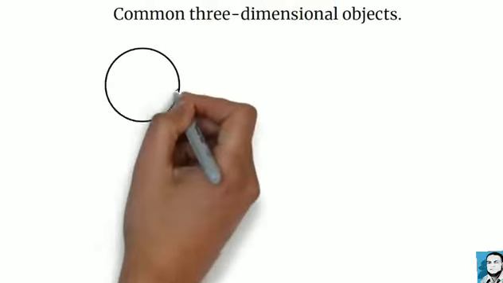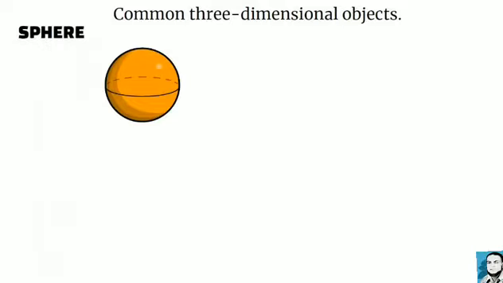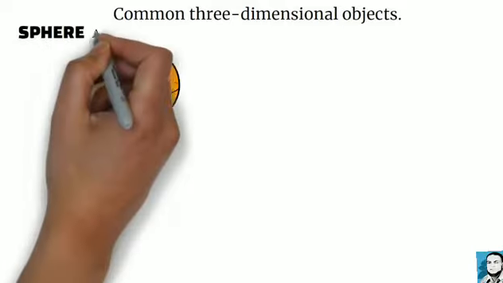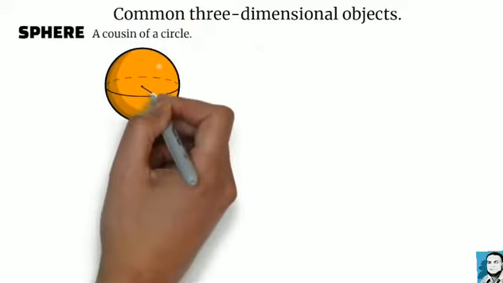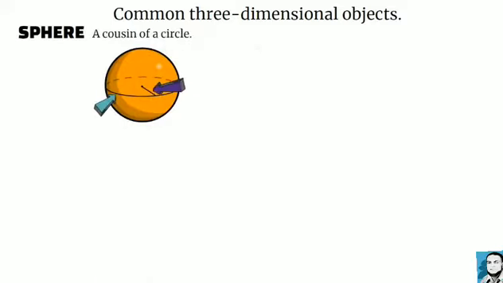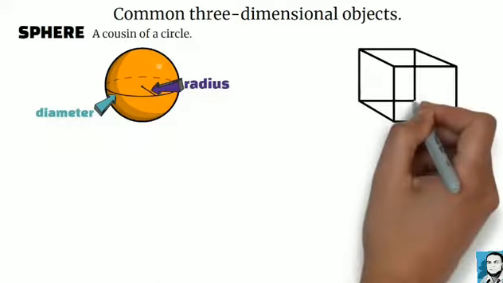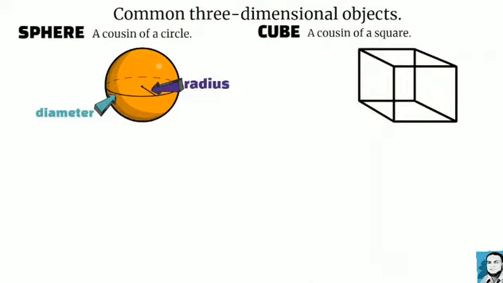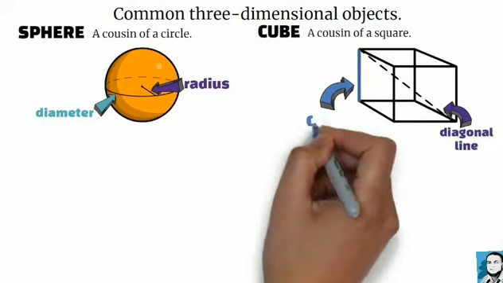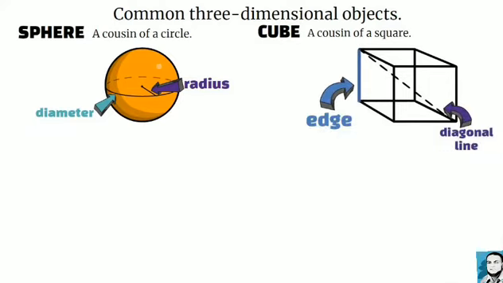Some of the most common three-dimensional objects are a sphere, which you could say it is a cousin of a circle. The most important dimensions here are the diameter and the radius. A cube is a cousin of a square. Important dimensions here are the diagonal line and the edge.